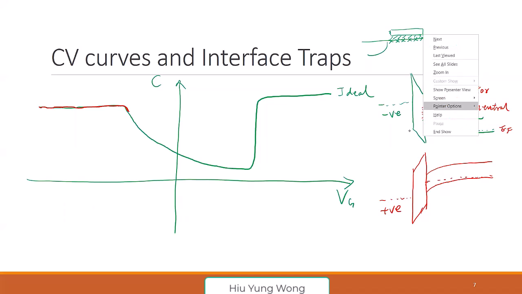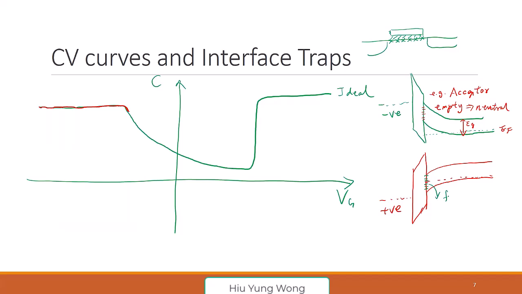The point is, the trap is still there. Now can you tell me, are the traps filled or empty? Filled. Are they all filled? 50%. Thank you. Those at the bottom are filled. Those on the top are empty.